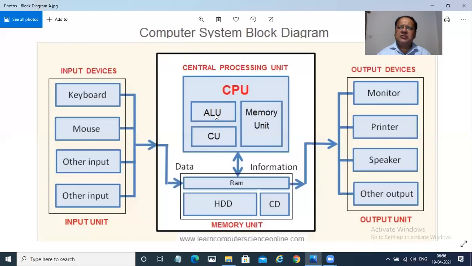For now, you just remember this much. I'm not going to elaborate much, as we will study about it in detail in the higher classes. So ALU means arithmetical logical unit. It is meant for making arithmetical calculations and logical decisions. Then you have the control unit, which is essential for controlling the flow of data.